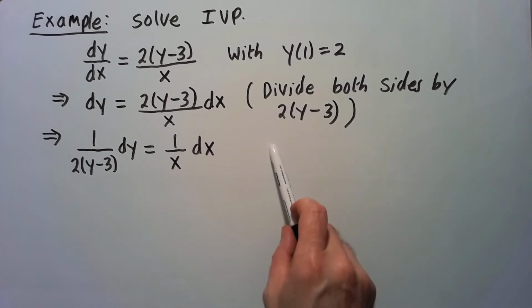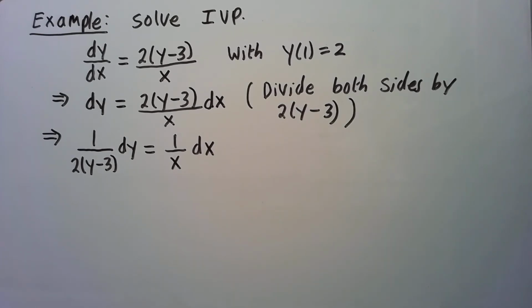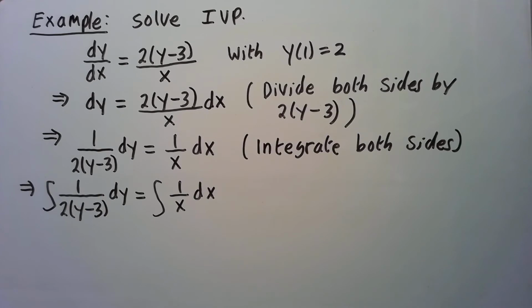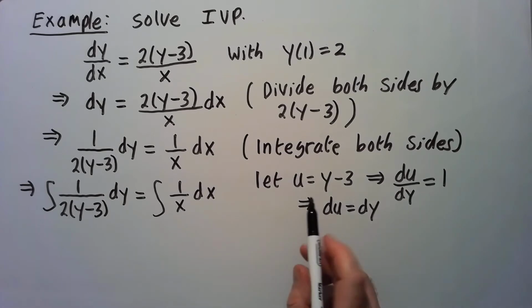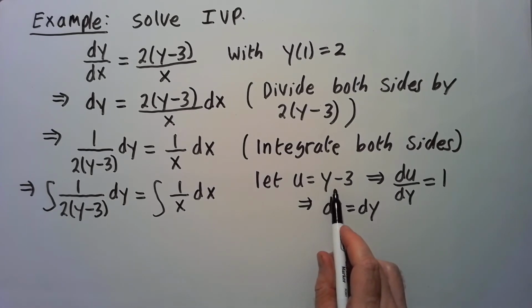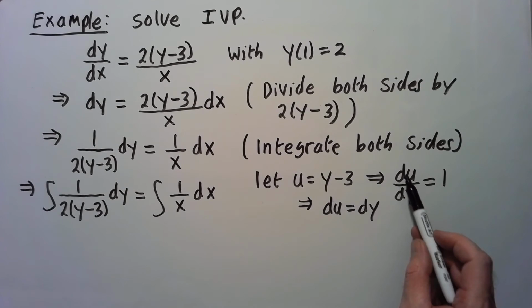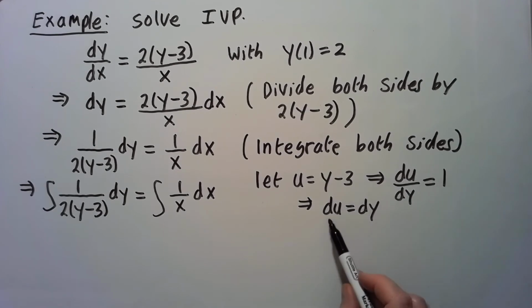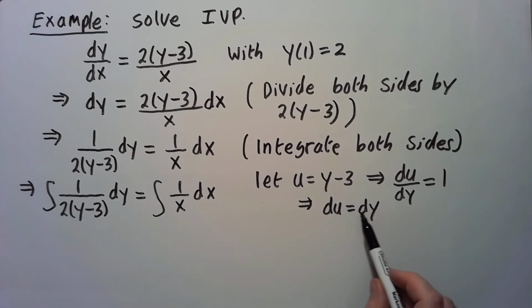Now let's integrate both sides. Integrating both sides, we get this then. The integral of 1 over x will be ln. For this guy we're going to make a u substitution here. We're going to let u equal 2y minus 3. So du/dy will be 2, so du will equal 2 dy.